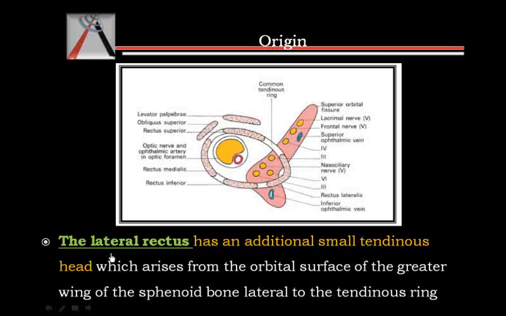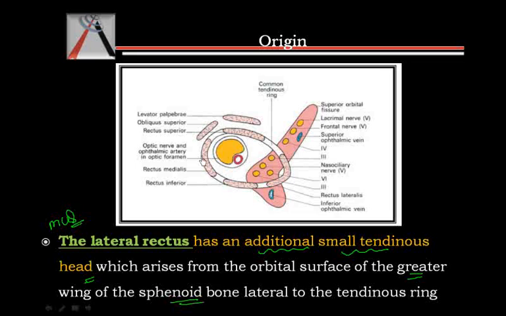But if we notice the lateral rectus muscle, it has an additional head, a small tendinous head that arises from the surface of the greater wing of the sphenoid bone. So herein we have the greater wing of the sphenoid bone that gives one additional small tendinous head for the lateral rectus. An important MCQ.